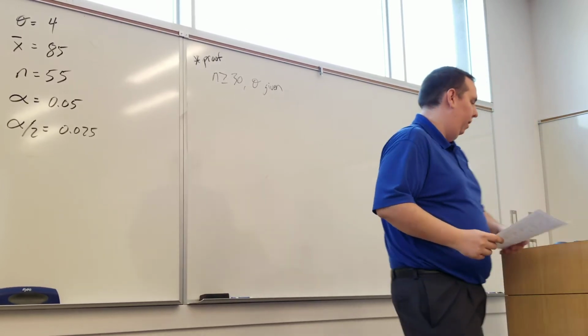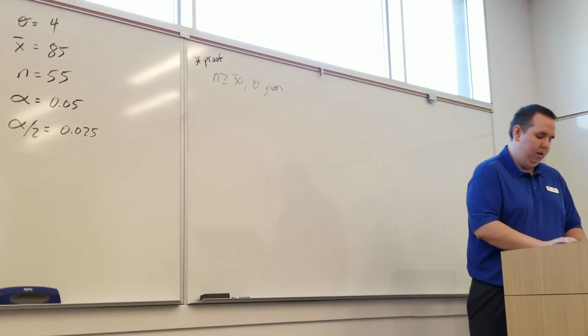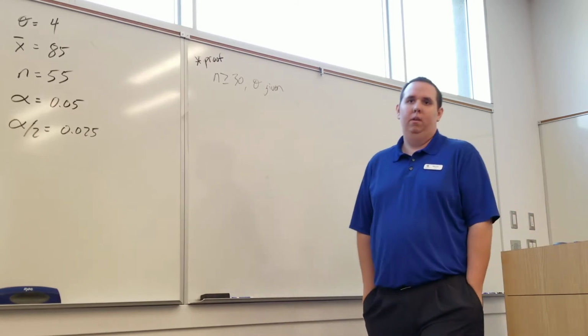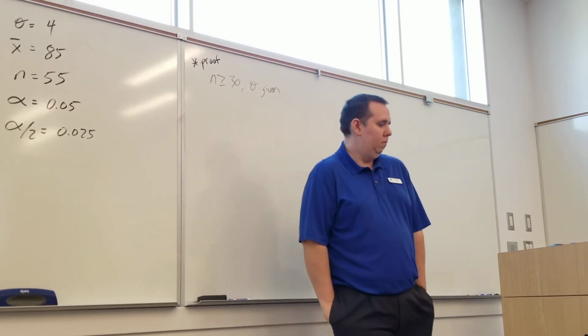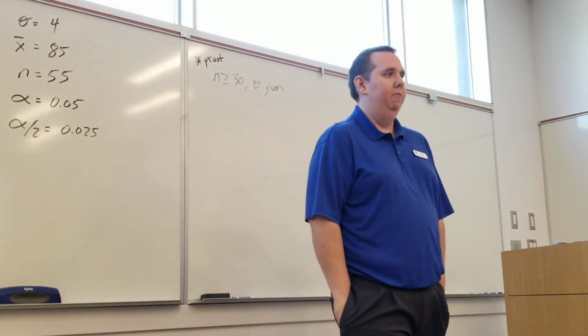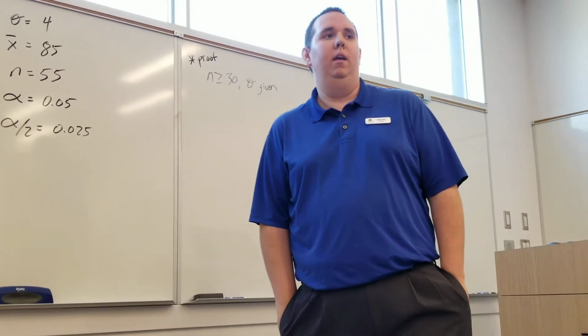All right, so we have a couple more problems here where we're just looking up z-scores and t-scores. So I believe in class and on your homework, it's a lot of 90% confidence, 95%, 99%.